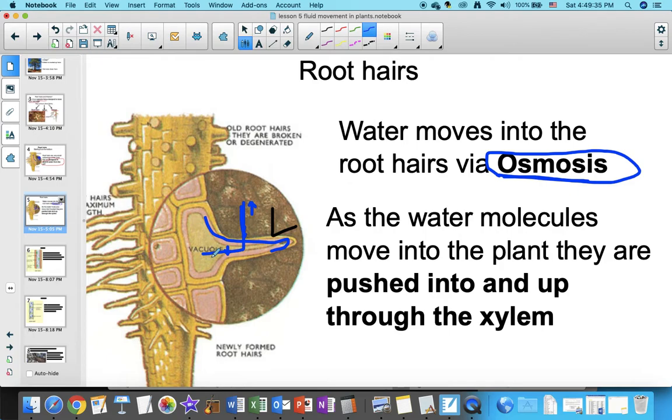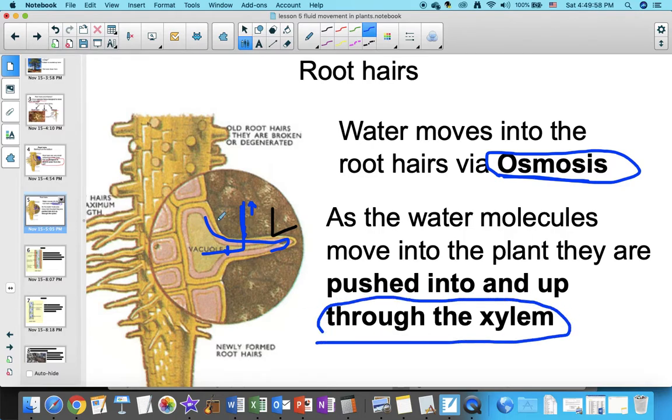So water moves through the root hair through osmosis, and it's moving from a high concentration to a low concentration. So the water moves from the soil because it's at a high concentration, moves into the cell, the root hairs, because it's at a lower concentration through osmosis, and then is pushed up through the xylem.